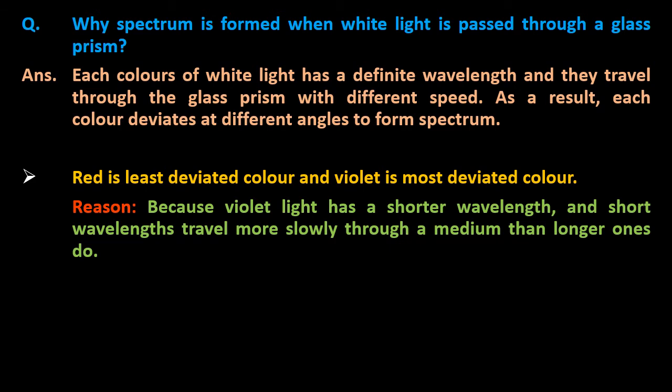Because of this, the violet color travels very slowly inside the prism than the red color. As the red color has longer wavelength, the speed of the red color inside the prism is more. So because of this, the red color is least deviated while the violet color is the most deviated color.